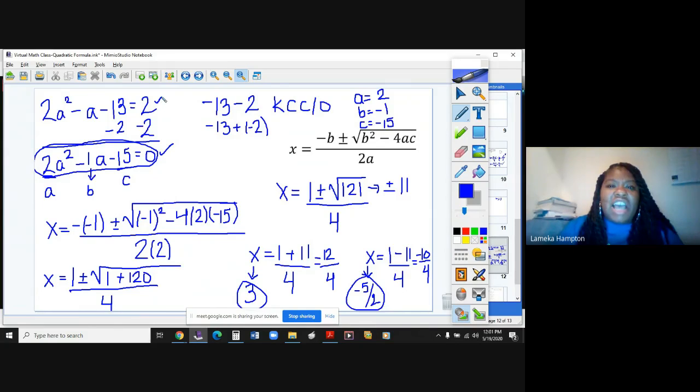You don't necessarily have to, but again, if you want to check your answer to make sure that that is your answer, I will convert the -5/2 to a decimal because decimals are easier to multiply versus fractions. So if you feeling fancy and you want to say -2.5, okay, it's cool.